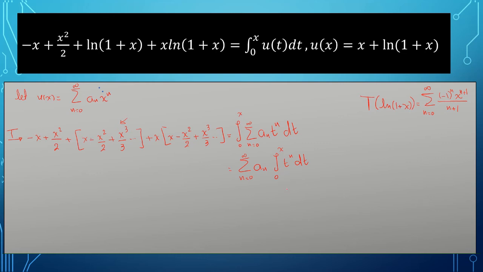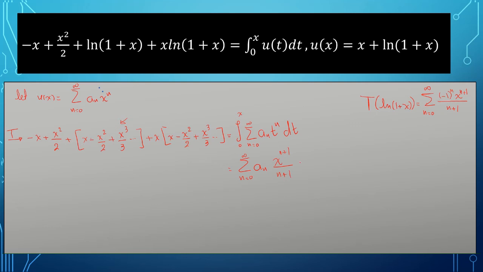And this integration is equal to t^(n+1) over n plus 1 from 0 to x. And this will give us x raised to n plus 1 over n plus 1 minus 0. Okay? So we will write here x raised to n plus 1 over n plus 1.